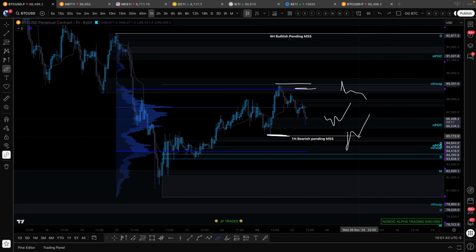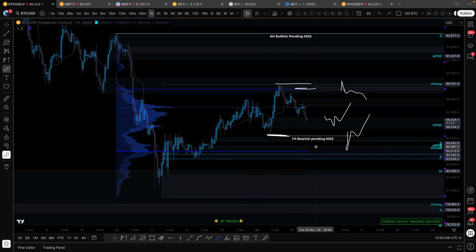And I would take this as kind of the line in the sand for the 1 hour to feed into this 4 hour. Because if you start to close below this and you back test it, I believe that we're going to go down here or eventually go down to the lows.